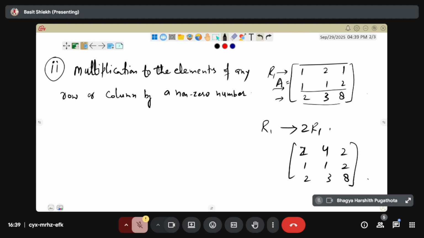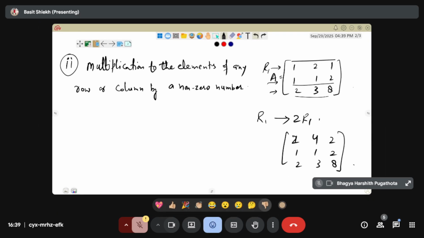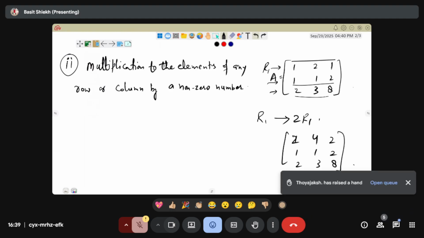If we multiply it by 0, then all the elements will become 0, so we will not get the same matrix. That will be helpful later when we deal with rank, eigenvalues, and finding inverse. If we multiply with 0, this whole row will become 0, then our matrix will become singular. For finding the inverse of a matrix, we need a non-singular matrix. If we multiply with 0, that row or column will become 0 and our determinant will also become 0.